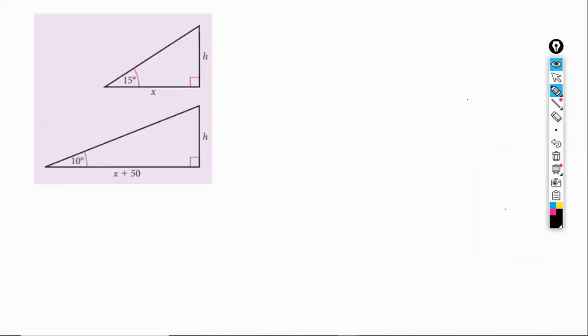So here we are on the next slide, and we've separated the triangles, as you can see. So for this first one, we know that tangent of 15 is equal to h over x. Therefore, the height, which is what they want us to find, is equal to x times tangent of 15.